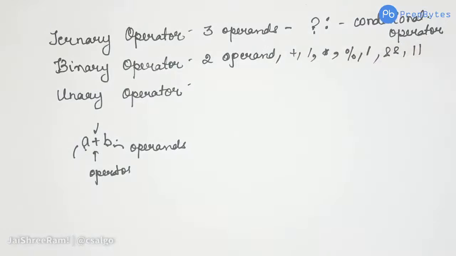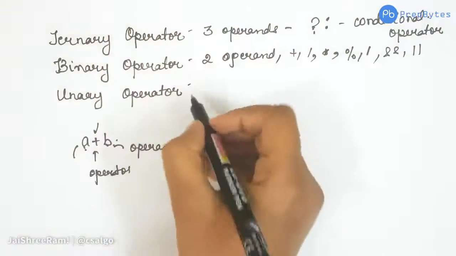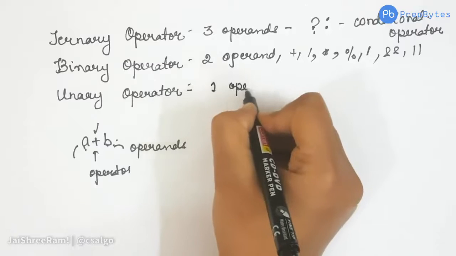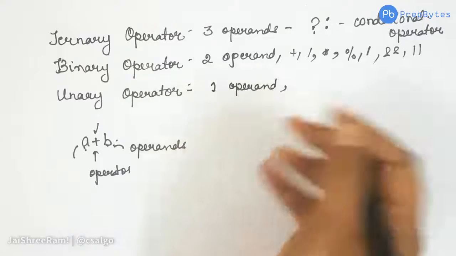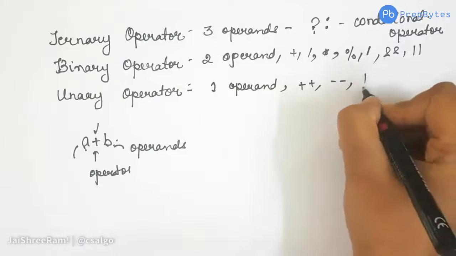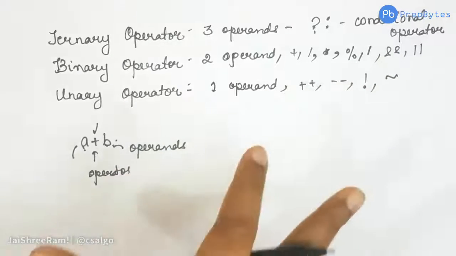As we go on to talk about the operators, we'll see whether they are ternary, binary, or unary. We are just having the definition of these operators here. The unary is something that works on one operand. Taking some examples, we have increment, decrement operators, logical not, ones complement. These are a few of the unary operators.